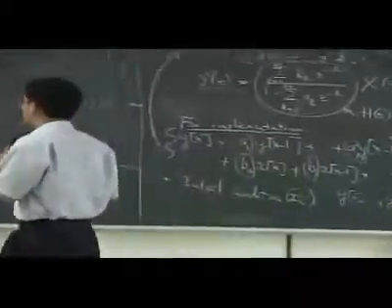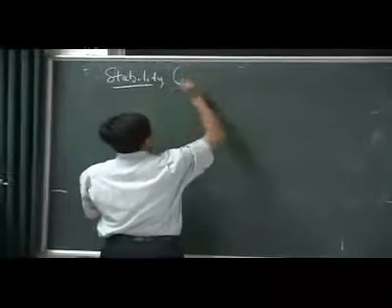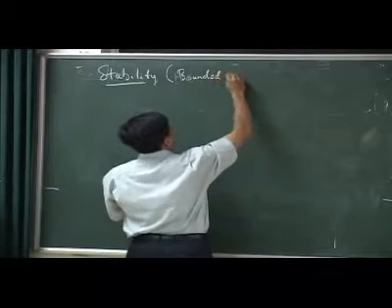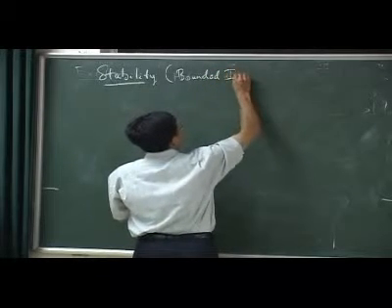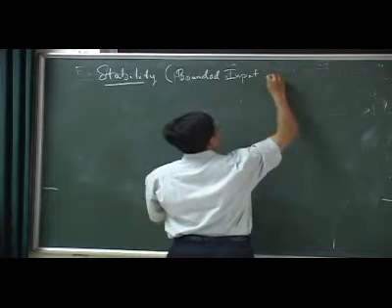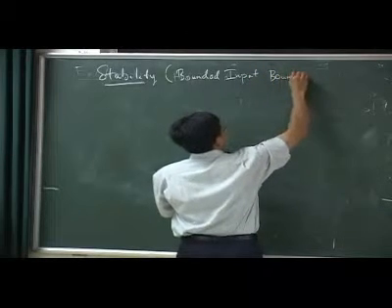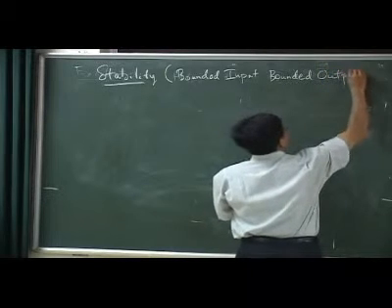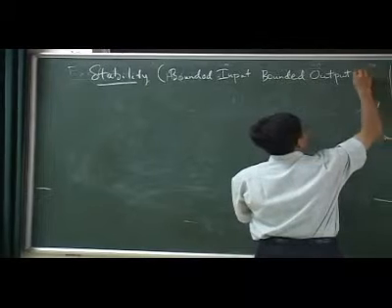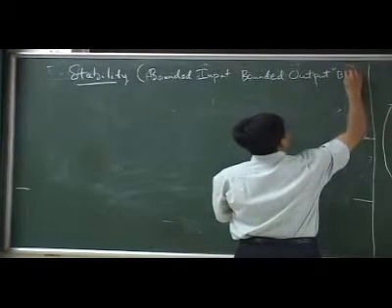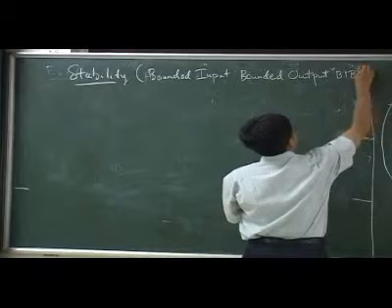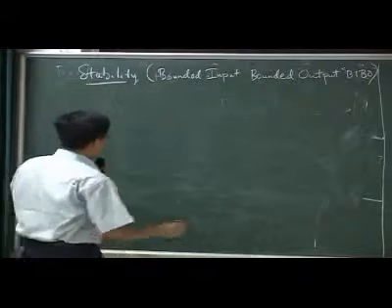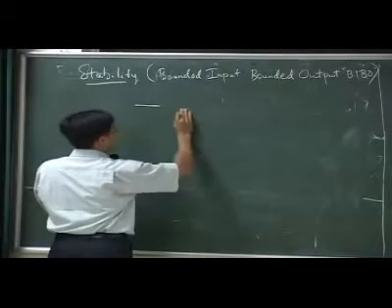Stable in our signal sense is called bounded input, bounded output, or BIBO. So BIBO stable is saying the following thing.